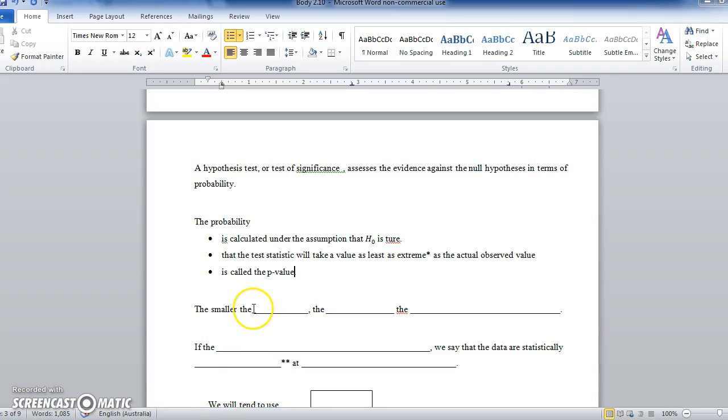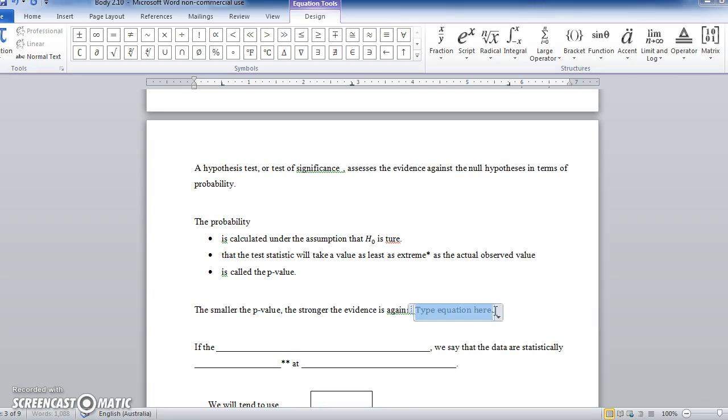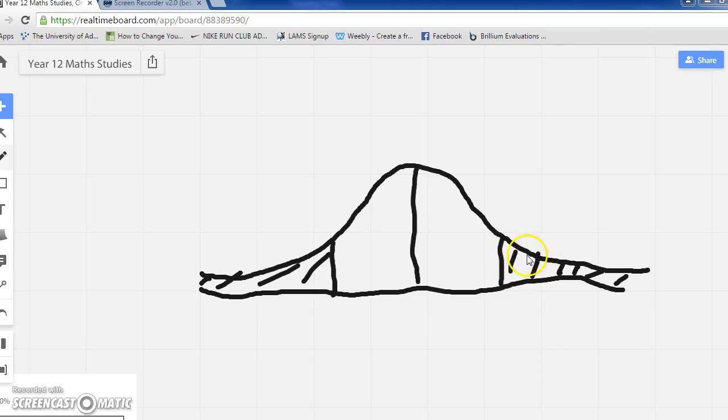So the smaller the p-value, the stronger the evidence is against our null hypothesis, because what we're saying is that a value at this point or more extreme is not very likely at all if the mean is that of normal milk freezing temperature.